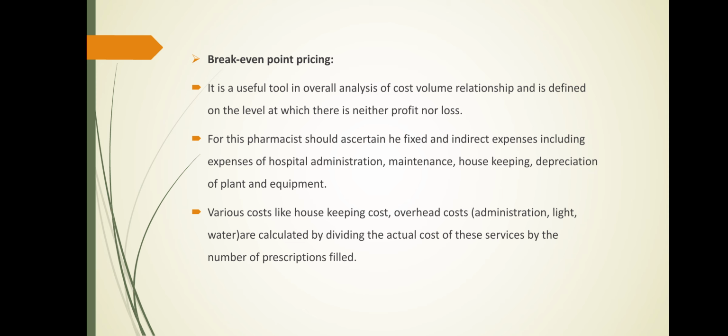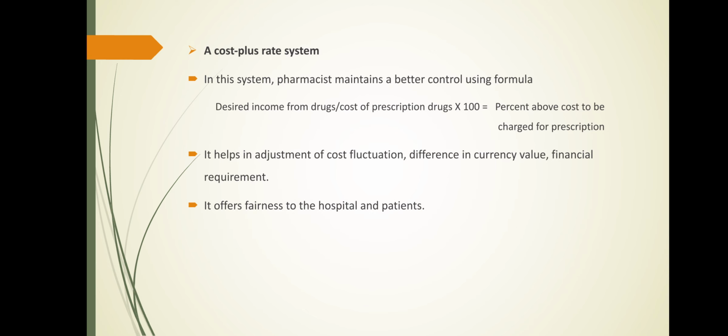So it means that excluding all the medications and drug containers, whatever expenses we are using, break even point pricing is all about those expenses, like the hospital administration, maintenance work, housekeeping, etc. So it includes all these things. Next is the cost plus rate system. In this system we will be checking the profit and loss, you can say.